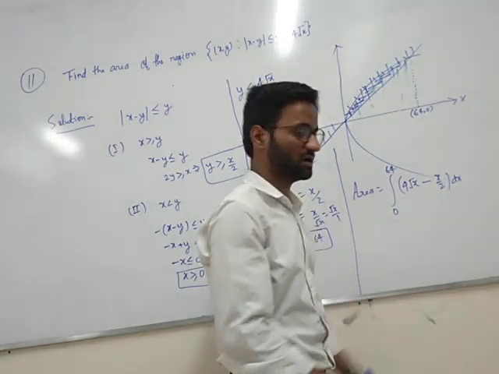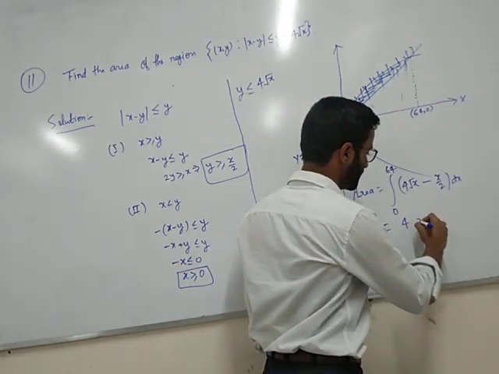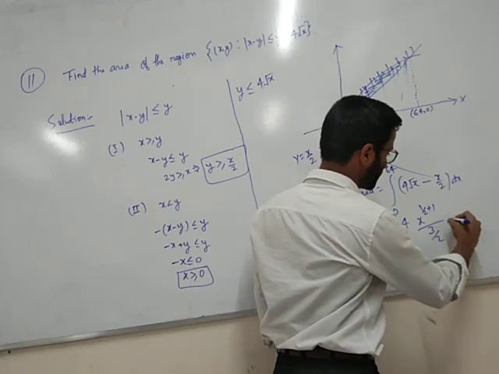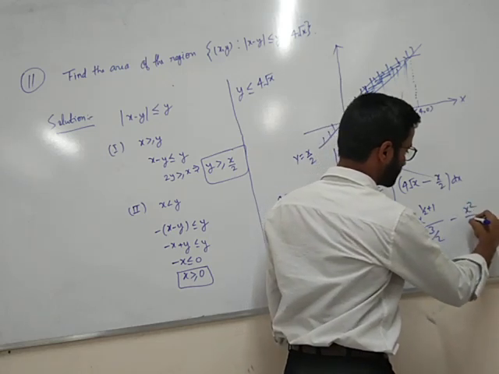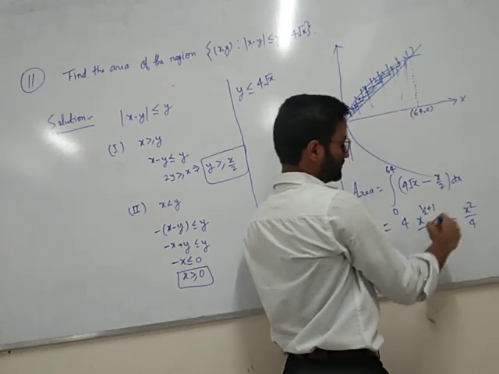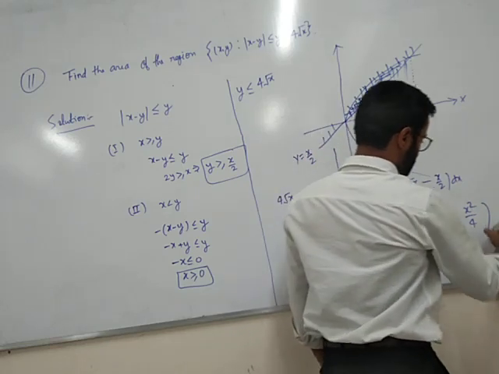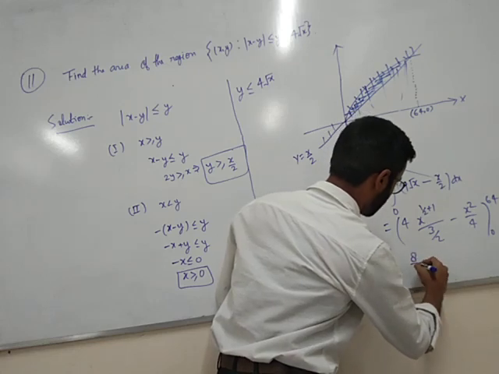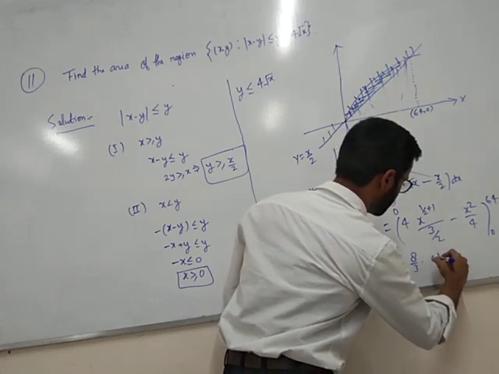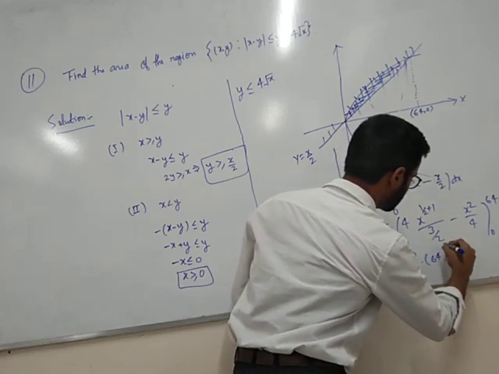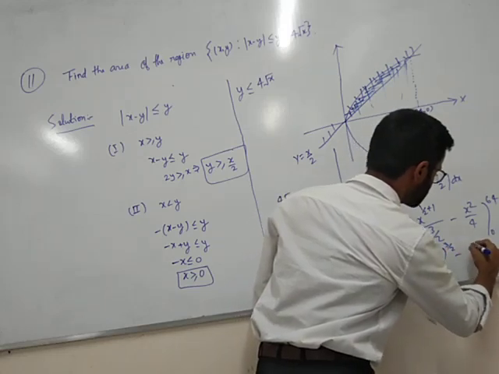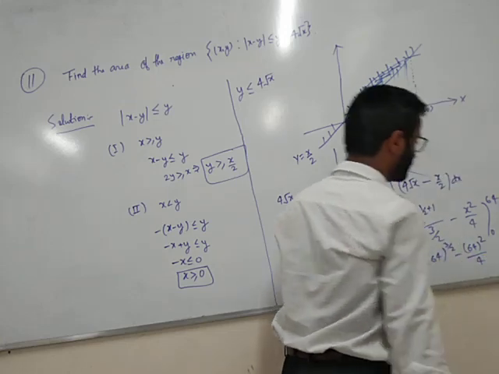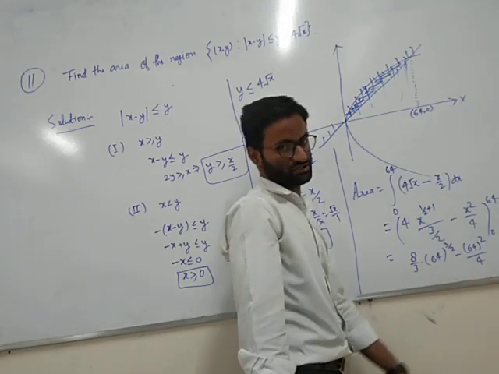Now we can integrate and find the answer. So 4 x to the power 1 by 2 plus 1, that is 3 by 2, minus x square by 4, and it's 0 to 64. So 8 by 3 into 64 to the power 3 by 2 minus 64 square by 4, and if you put 0 here you get 0.